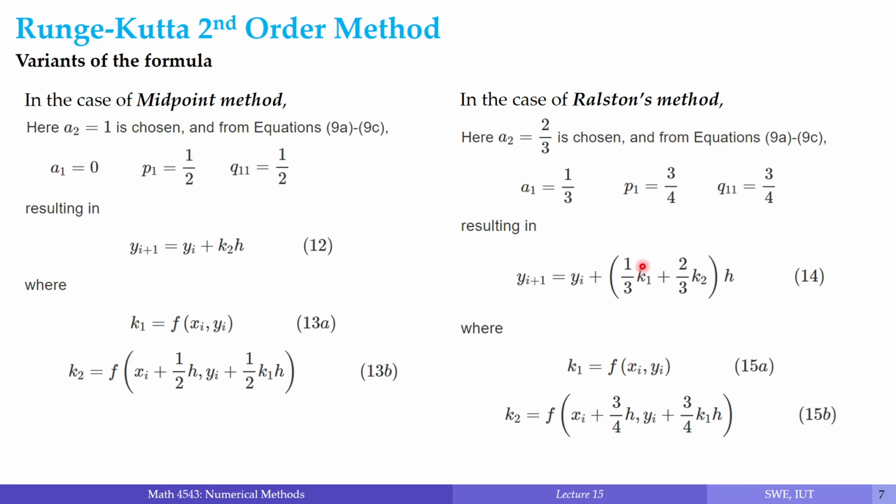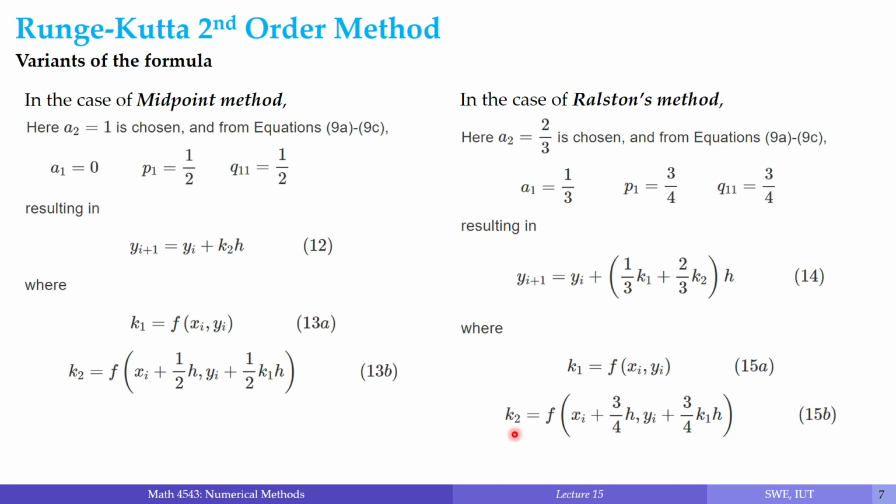So in the case of Ralston's method, we have these four unknown coefficient values. What we can do is simply plug them in, just like the preceding two methods, the midpoint method and Heun's method. We end up with weight values of 1 by 3 and 2 by 3 for A1 and A2 respectively.